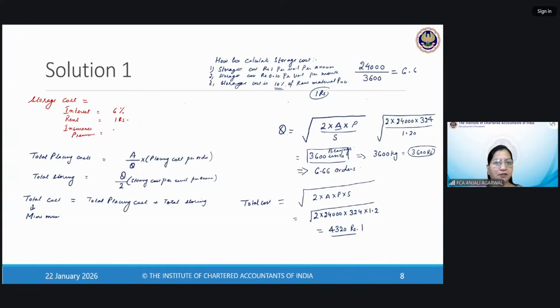Let's say that is 0.20. And the raw material price is 80 rupees.